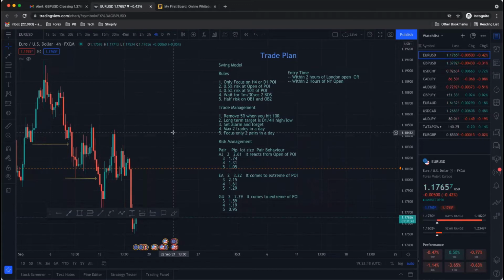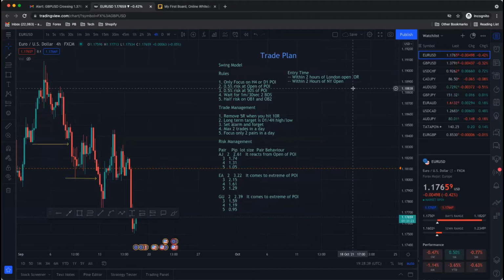Now, what are our entry times? The entry times that I prefer are within 2 hours after the London market opens, or within 2 hours after New York opens.